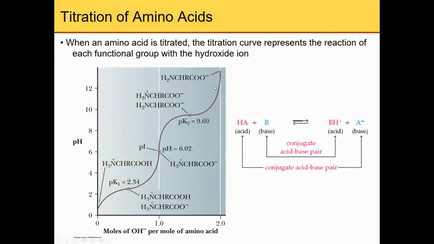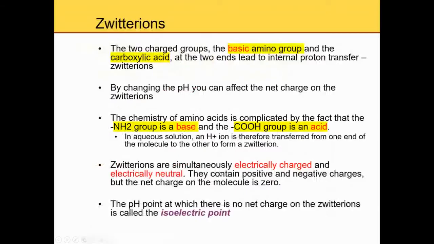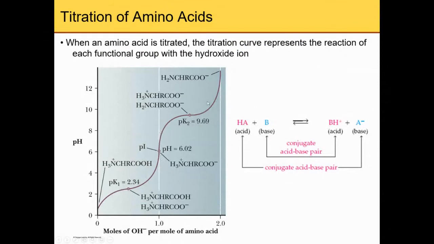And this is just to show you the titration of amino acids. For an amino acid with no titratable side chain, it's simple. The example here is histidine with the titratable side chain, which is a little bit more complicated. This represents the reaction of each functional group with the hydroxide ion.